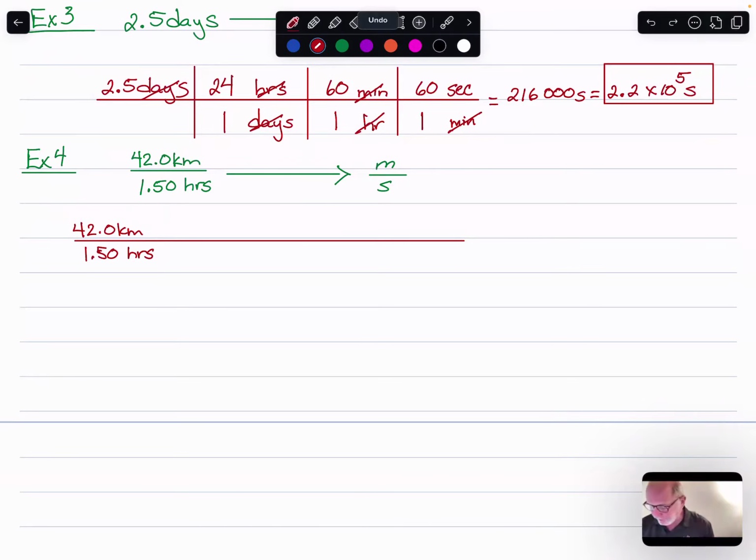So let's convert our kilometers to meters. Kilometers are bigger than meters. In 1 kilometer, there are 1,000 meters. We have to know that. That's a metric conversion. So now on the diagonal, my kilometers canceled. Now we're going to convert hours into seconds. We're going to go from hours to minutes.